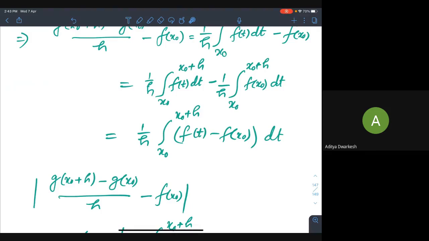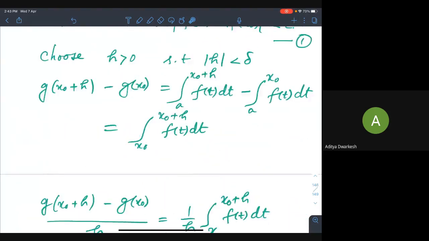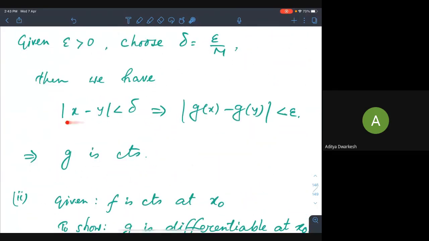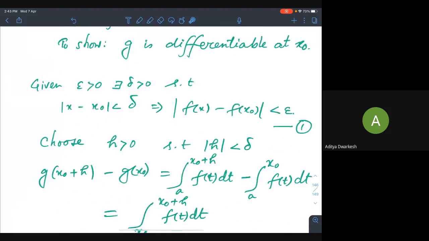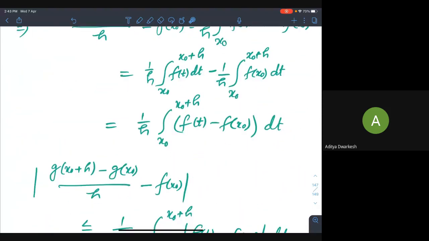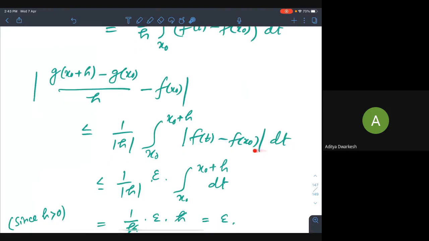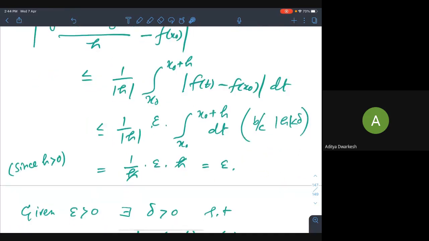So the interval we are looking at has length less than delta, and one can use continuity here because mod h is less than delta. So continuity is being used here, and what you get is less than epsilon.